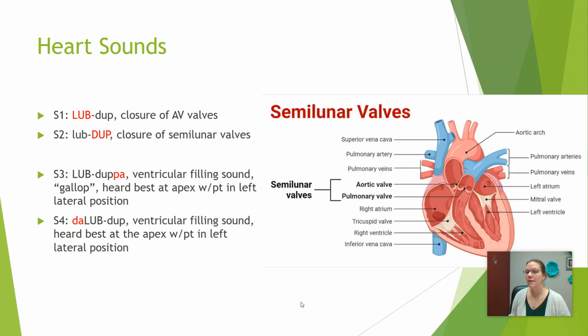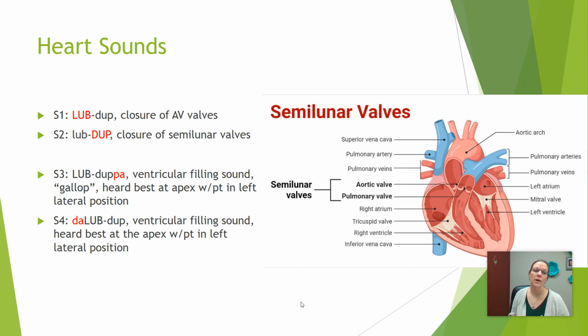Both of those two heart sounds are going to become diminished with conditions that cause any increased amount of tissue between the heart and your stethoscope. So emphysema, obesity, and pericardial fluid will make those sounds more difficult to hear. Your S3 is a lub-dubba, where there's a ventricular filling sound or a gallop, and it's heard best at the apex with the patient in the left lateral position.